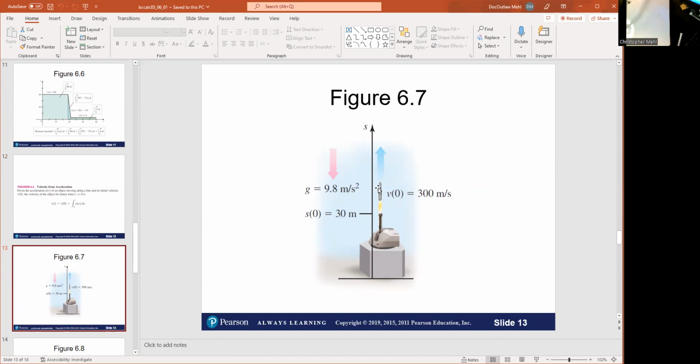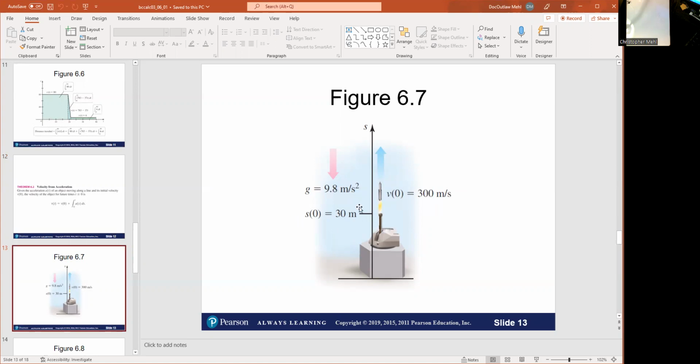If the only force acting on this thing is gravity, gravity produces an acceleration downward towards the Earth of 9.8 meters per second. The velocity of the shell while it is in the air is what we want to know.